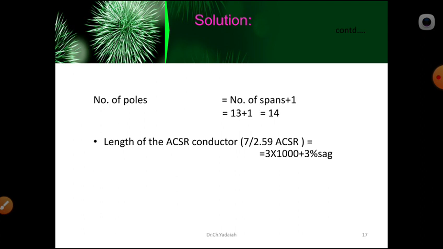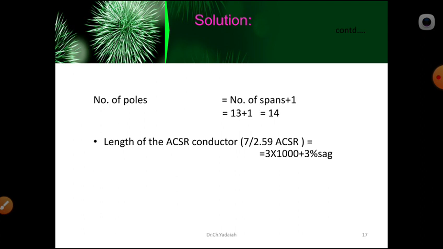Now, two points are completed. First, we drew the single line diagram. Second, we calculated the number of spans. Third, we calculated the number of poles. Now the fourth one is the length of the ACSR conductors. The length is already given: 1 kilometer, equal to 1000 meters.